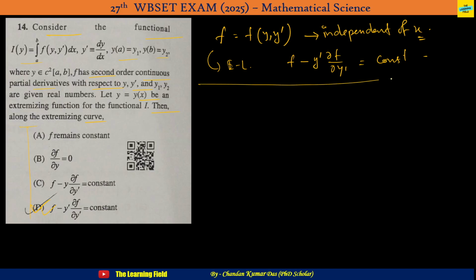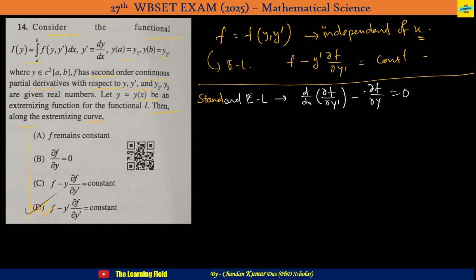Now, if you forgot this, how does it come for f independent of x? Just one or two minutes are needed to explain. The standard Euler-Lagrange equation is d/dx of ∂f/∂y' minus ∂f/∂y is equal to 0.